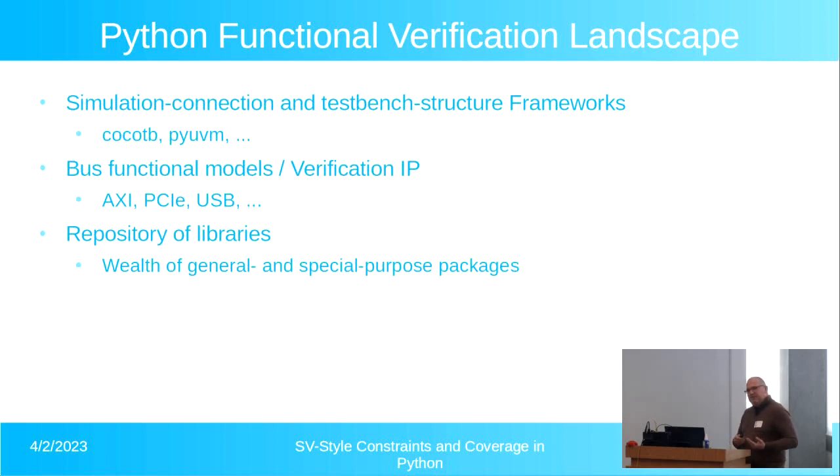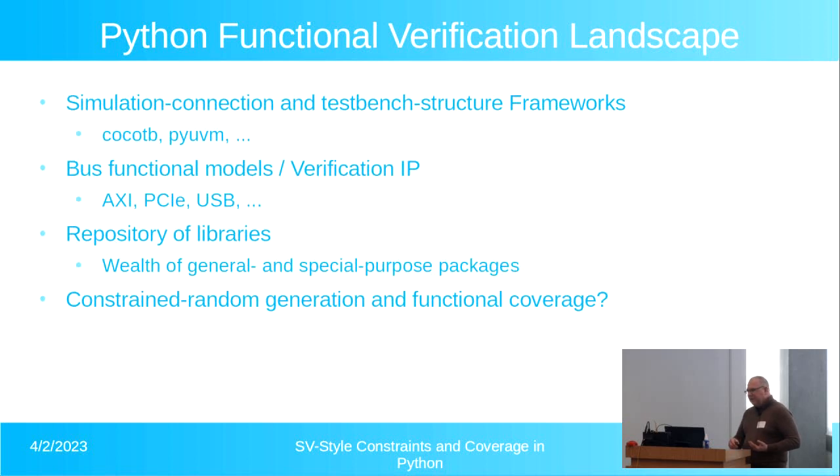The thing I didn't find coming from a SystemVerilog background was constraints and coverage. If you're from a SystemVerilog background, this is pretty fundamental. You look for how do you set up your constraints and do random stimulus generation, and how do you collect coverage from that.